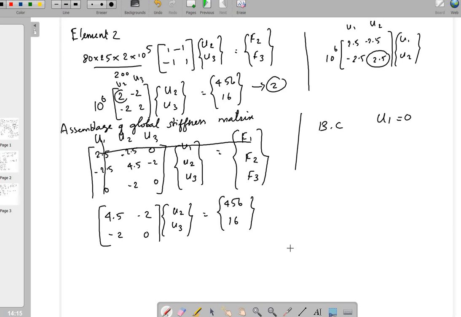Now the equation is simplified, so you can write it as individual equations. 10 power 6 is a common value outside the matrix. So 4.5 into 10 power 6 u2 minus 2 into 10 power 6 u3 is equal to 456. Next one, minus 2 into 10 power 6 u2.